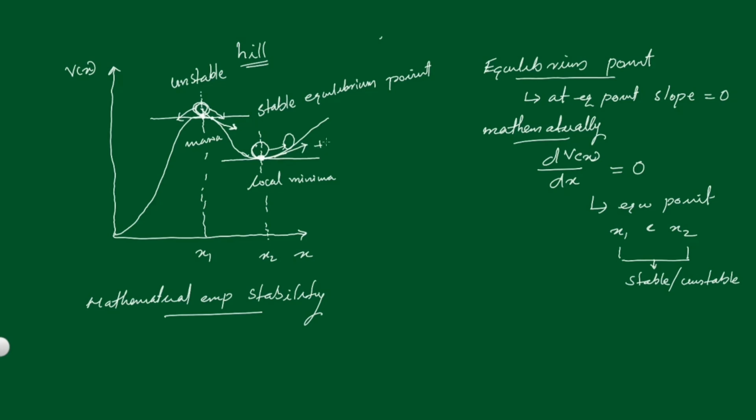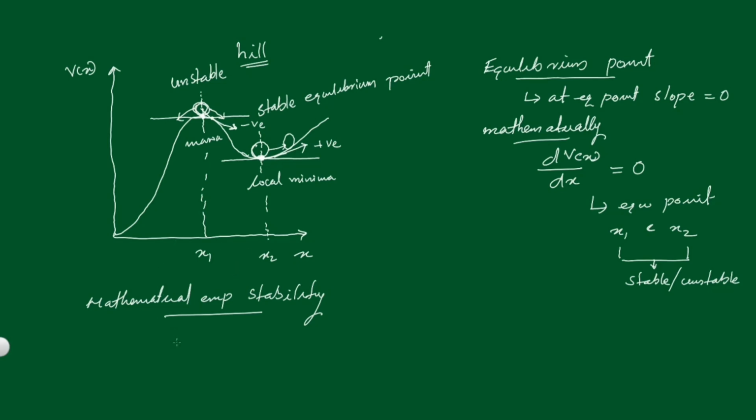So here the slope is positive and here the slope is negative. So we got another condition: if the variation of slope with respect to x is negative, then it is an unstable equilibrium, and if the variation of slope is positive, then it is a stable equilibrium point.